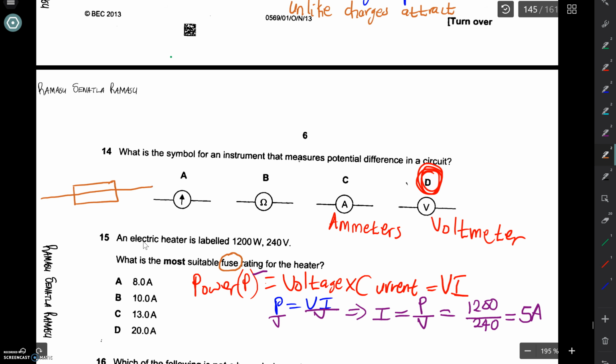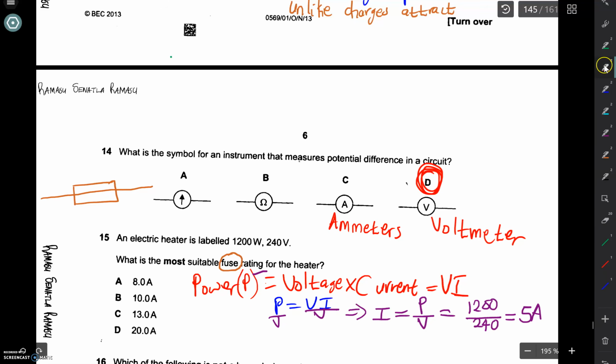When there's too much current flowing, it could possibly damage your appliance.